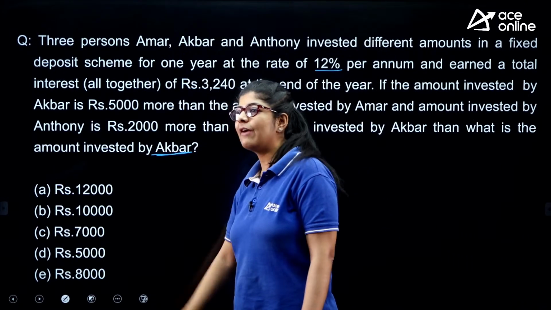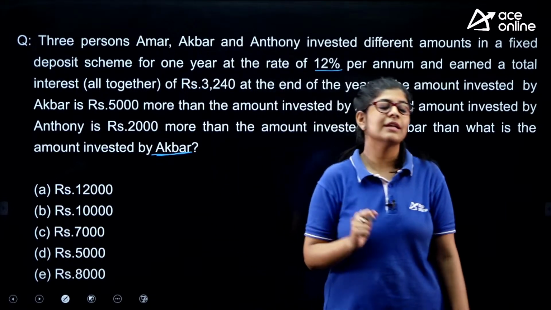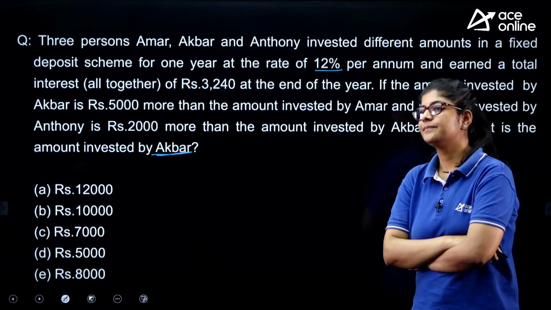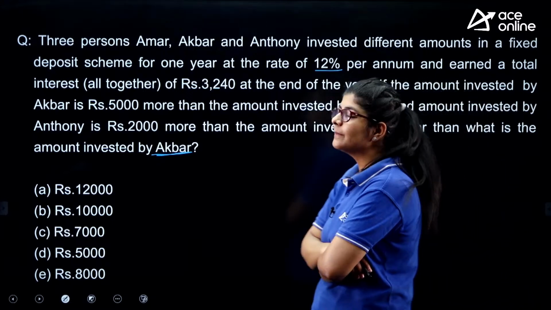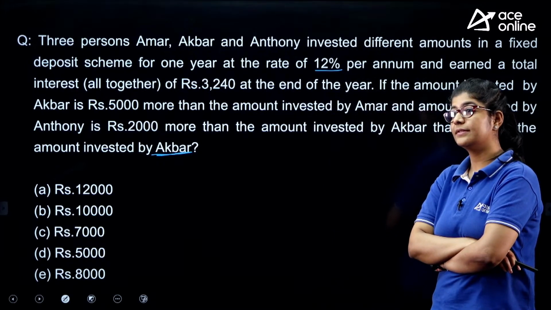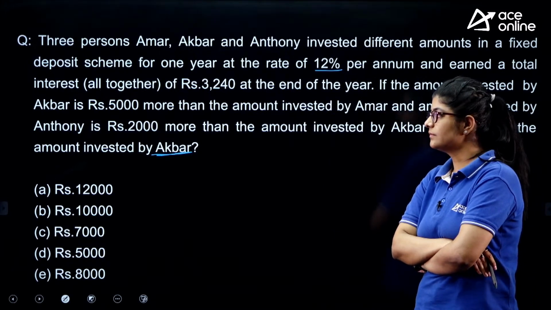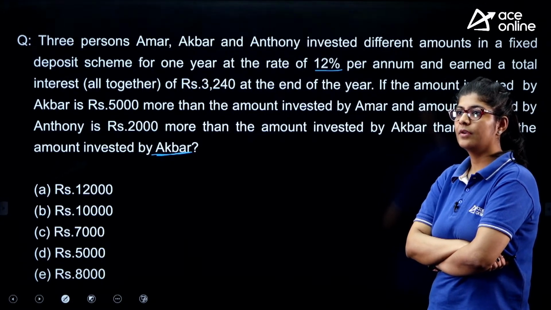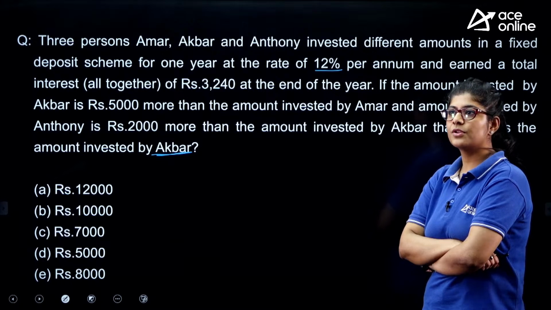What we have to do? We have to find out the amount invested by Akbar. Here we are having three persons, Amar, Akbar, Anthony. How will we solve this particular question?